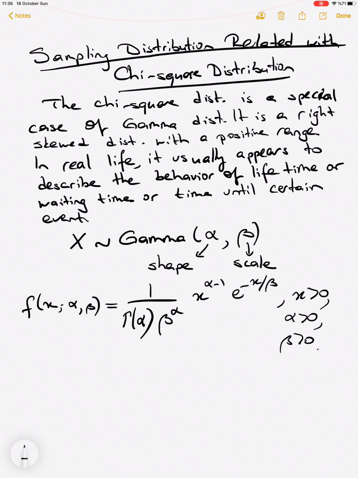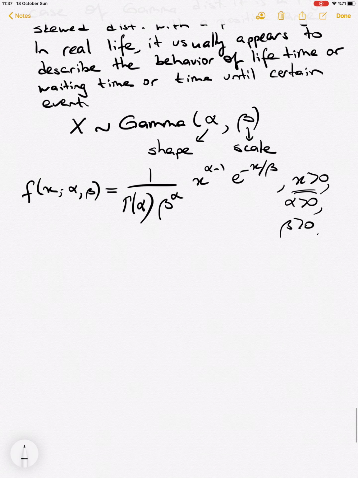Without the range of x, it is not a probability distribution. So you have to give the mathematical form of the PDF, and also the range of the random variable where this function is defined. When x is less than 0, this function takes value 0. It's very important, so please write your PDFs with their range.